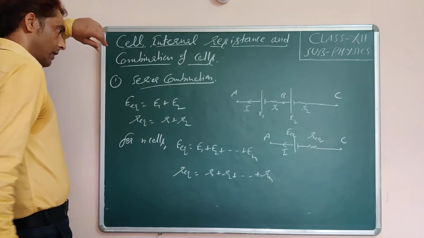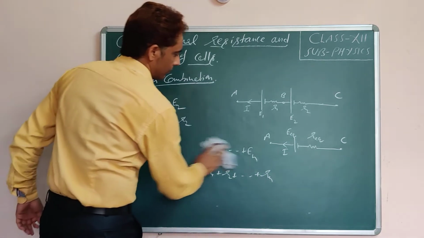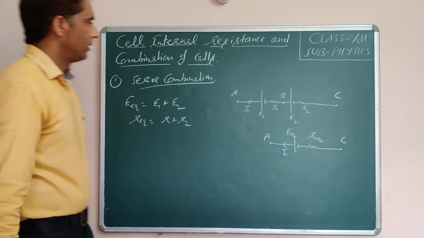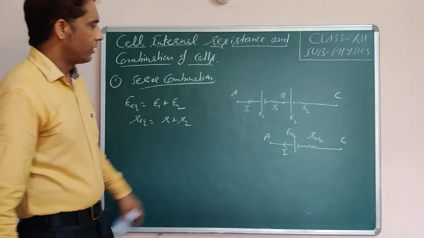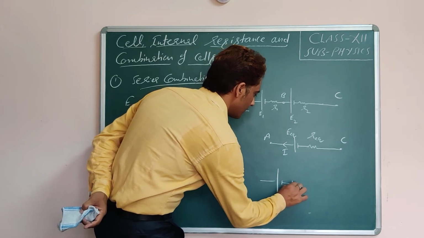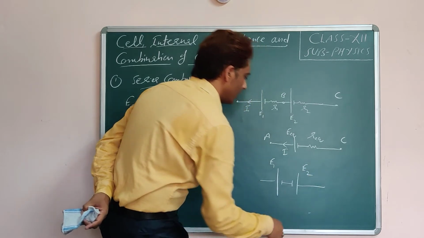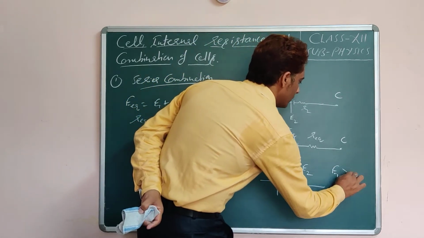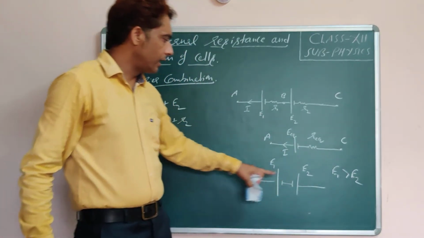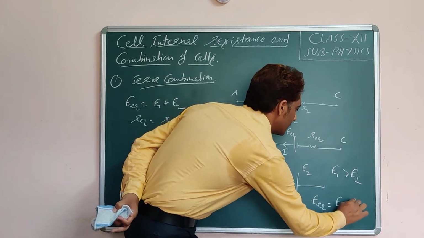Now next we will discuss the parallel combination. Here I want to mention, if cells are connected like this, let its EMF be E1 and its EMF be E2, and let E1 be greater than E2, then in that case again these cells are in series and the net EMF, E equivalent, is equal to E1 minus E2.